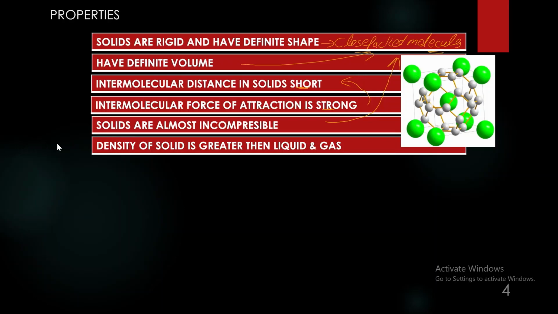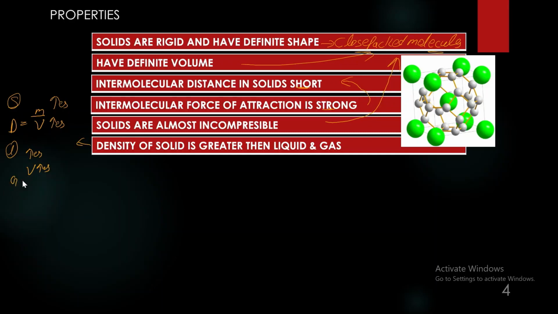Now the density of solids is greater than that of liquids. Why? Density is equal to mass upon volume. In solids, if we increase mass, volume is also increased. Similarly in liquids, mass increases, volume increases.